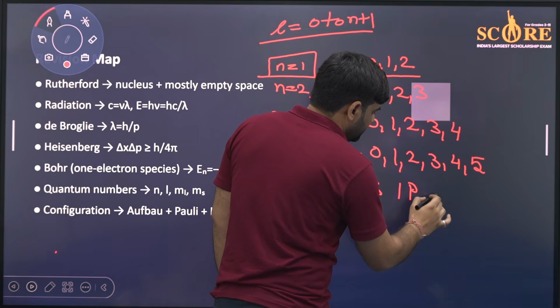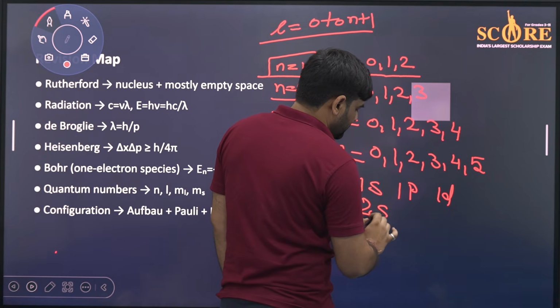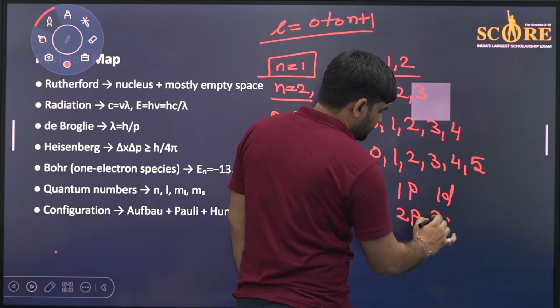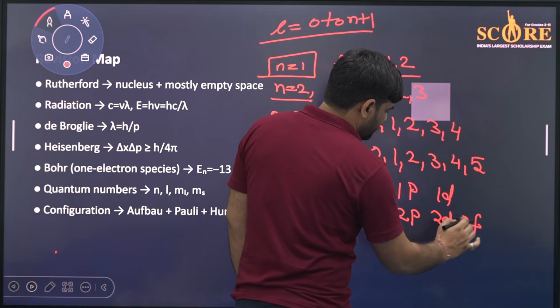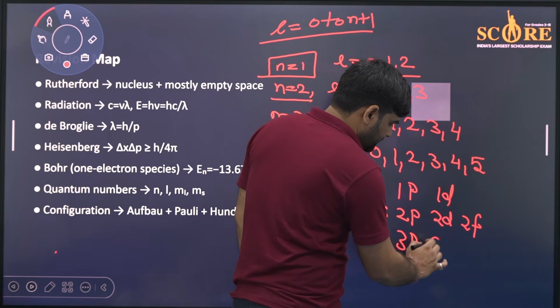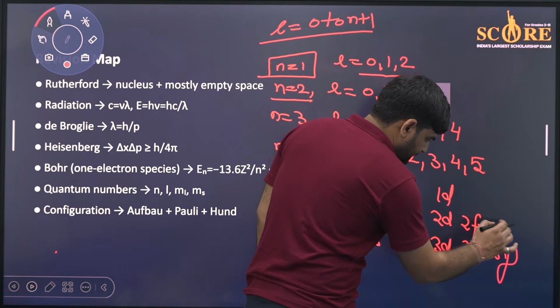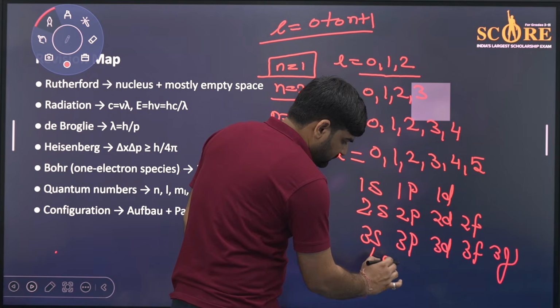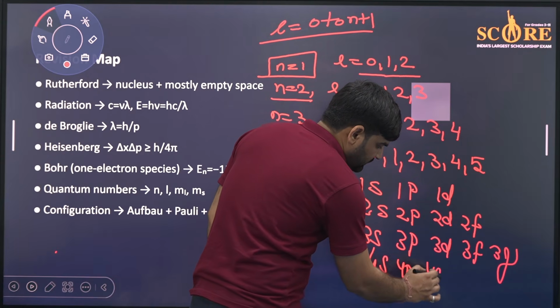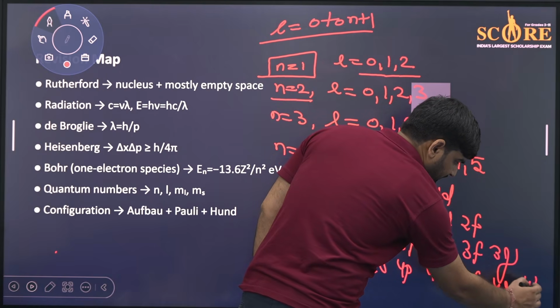For n equals 2 it is 2s, 2p, 2d, 2f. n equals 3, 3s, 3p, 3d, 3f, 3g. And 4s, 4p, 4d, 4f, 4g and 4h.